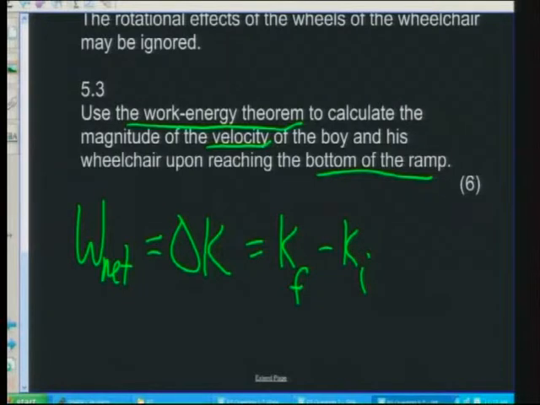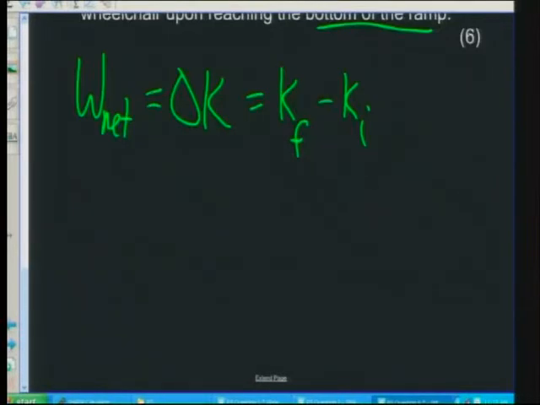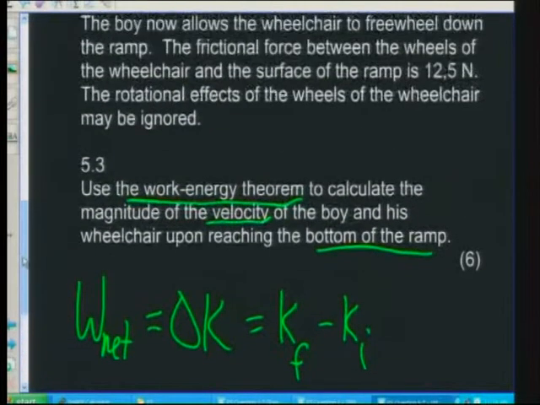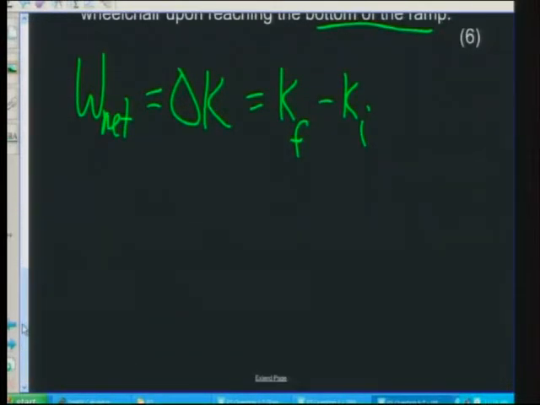So that's the system that we're working with. That's what we're wanting to do. And what we need to recognize is that when we're looking at this, then we need to understand what the net work is. So what is the net work done in moving down the slope? We've just done the free body diagrams, and we'll be able to work that out.